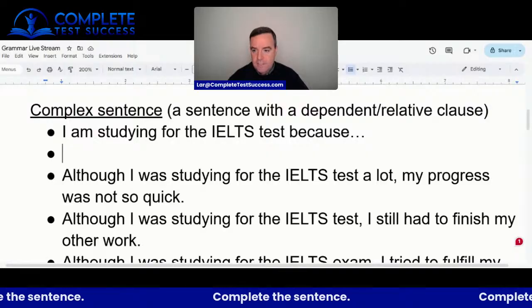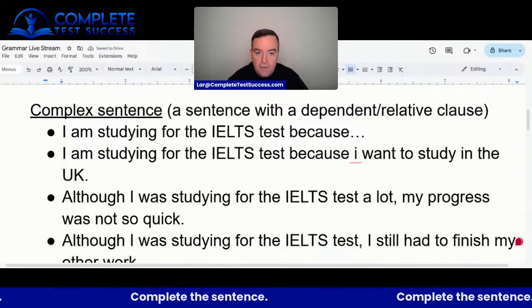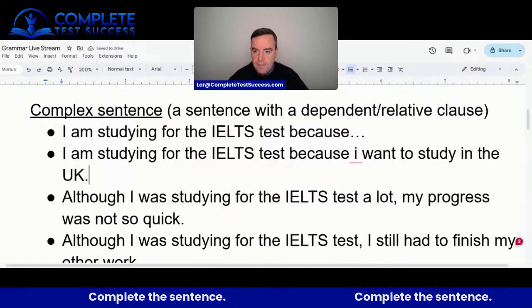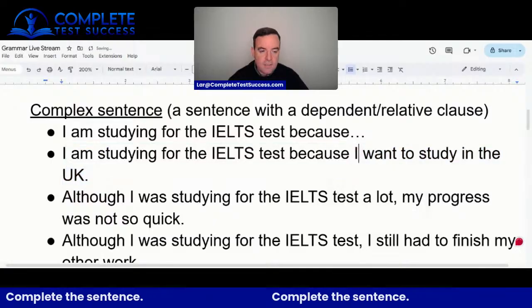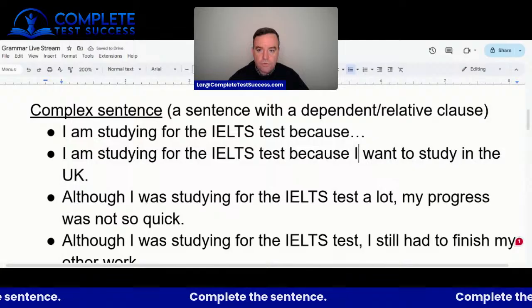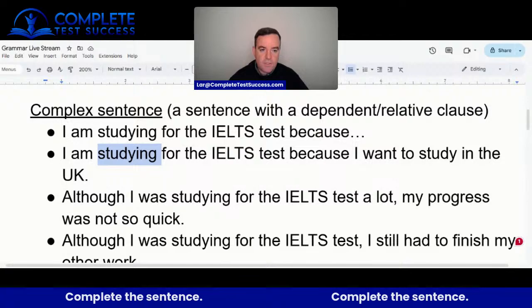Okay, so next I have Jim Bear. This one: I'm studying for the IELTS test because I want to study in the UK. Is there a grammar mistake?